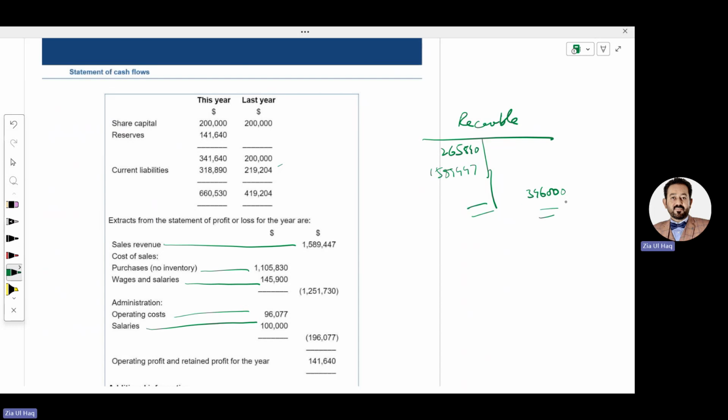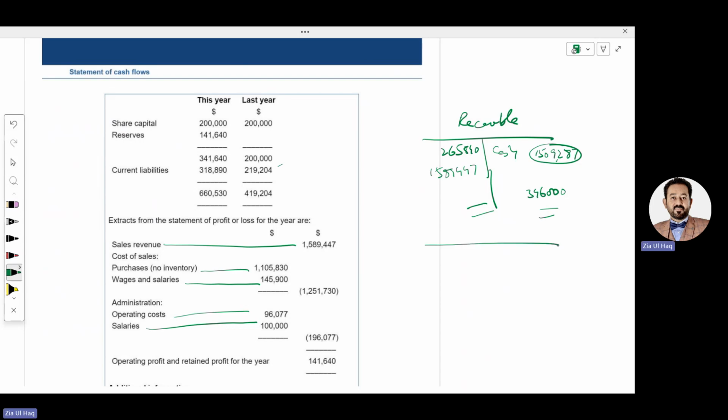So we can find the balancing figure as cash received from customers. How much is that? Please calculate. It is 1,509,287.